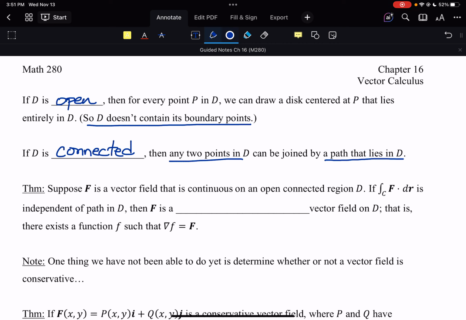Why do we care about open and connected regions? Well, because we're going to start using some of this in our theorem.